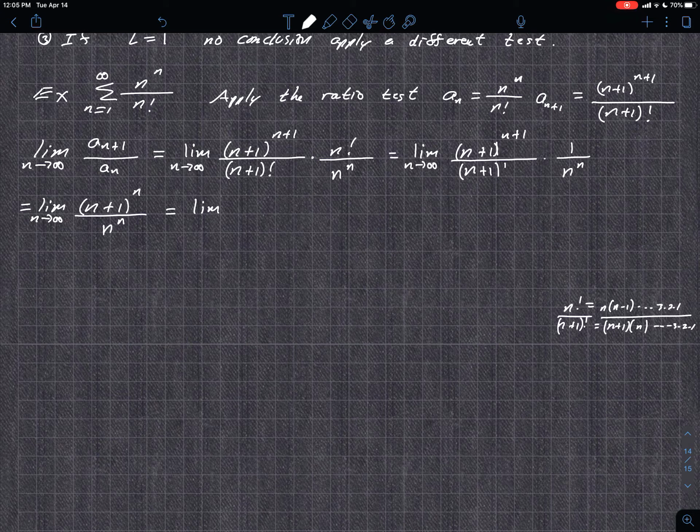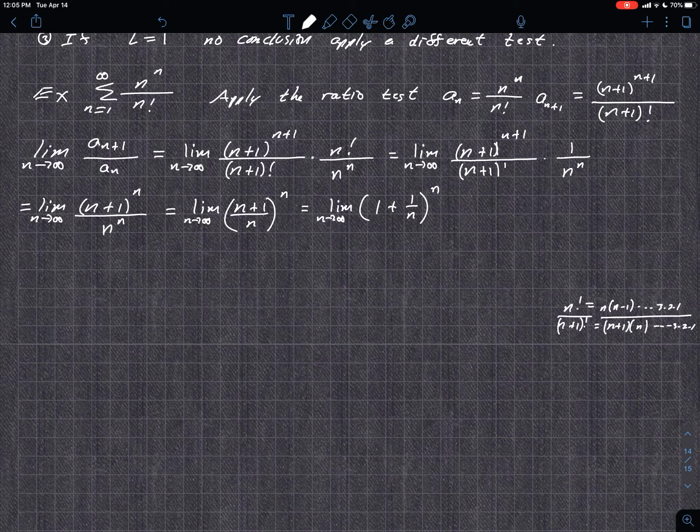And you can raise that all to the n, which is the limit of n plus 1 over n, all raised to the n. And then we can simplify the inside, which is the limit as n approaches infinity of 1 plus 1 over n, all raised to the n.